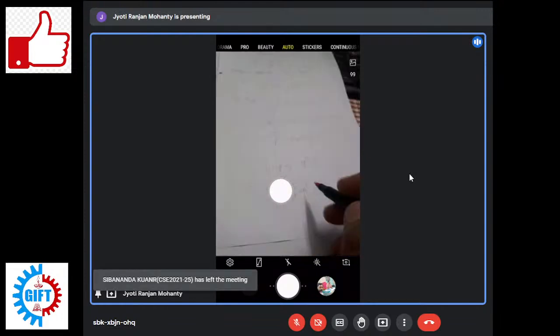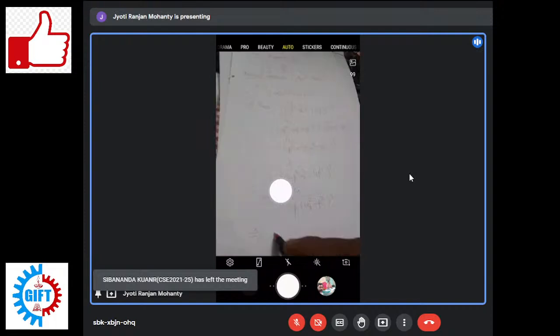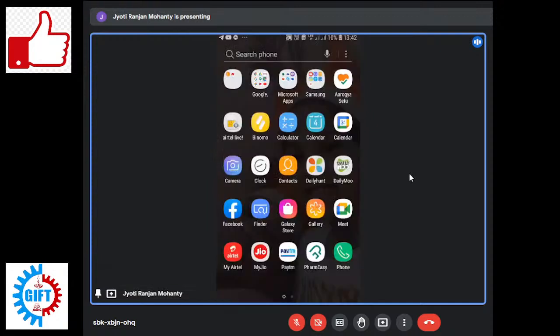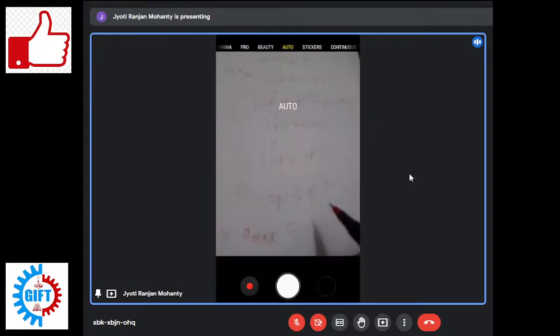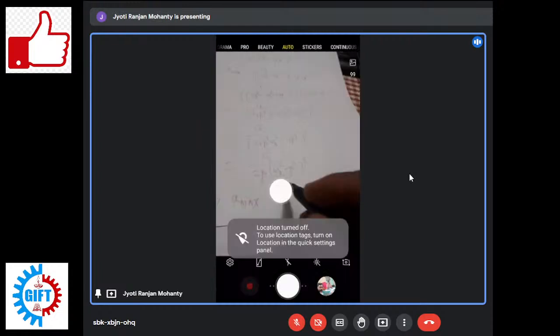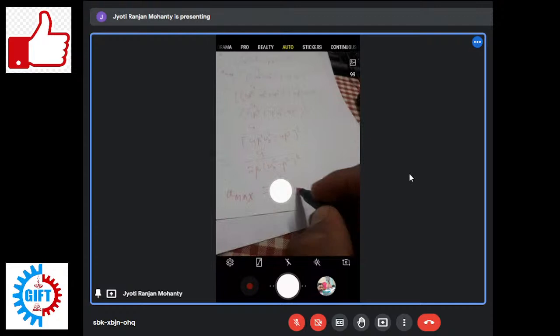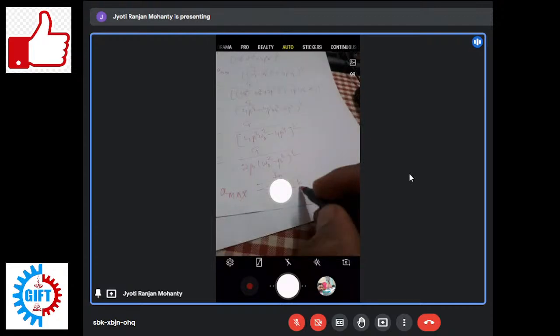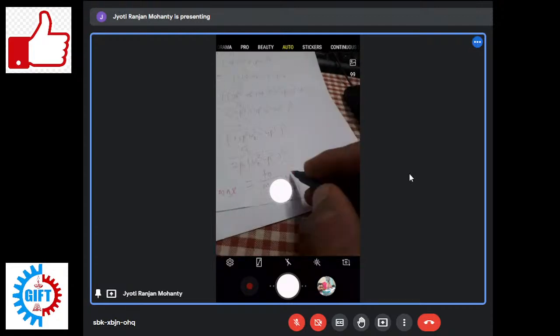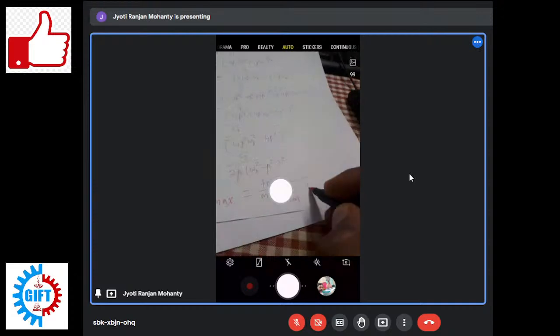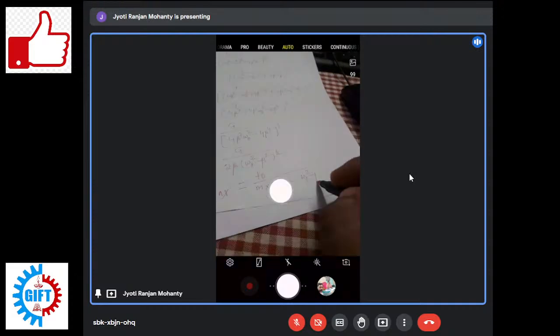So we got A max is equal to G. What is G? G is equal to F0 by M. Beta is equal to B by 2M, divided by omega naught square minus beta square under root.